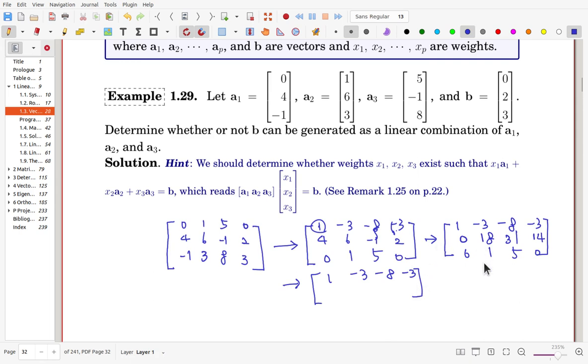And then, okay, this is 1, so we may interchange these two rows.